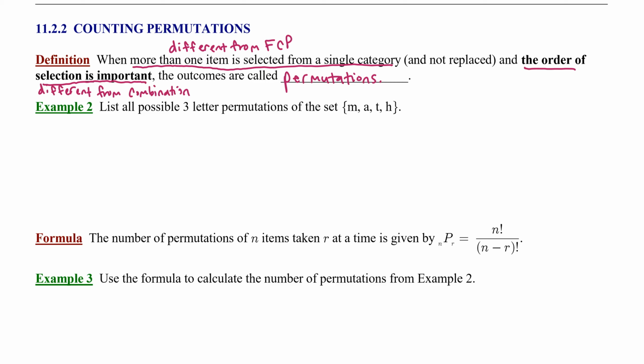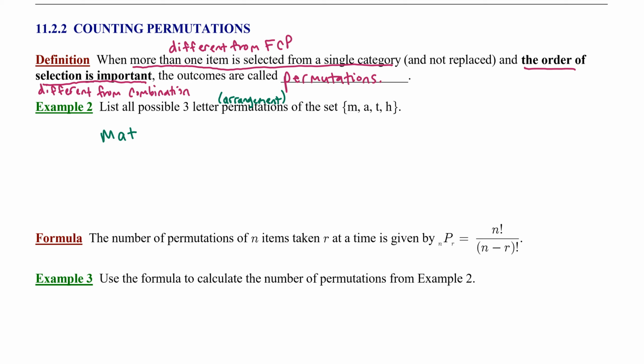And so we're going to create 3-letter subsets, and we're going to figure out how many different permutations we can make. Now, one possible permutation, and we're not going to write this in roster notation, we're just going to write words. One 3-letter permutation, think of the word permutation as arrangement. One possible 3-letter arrangement or permutation of the set MATH is MAT.